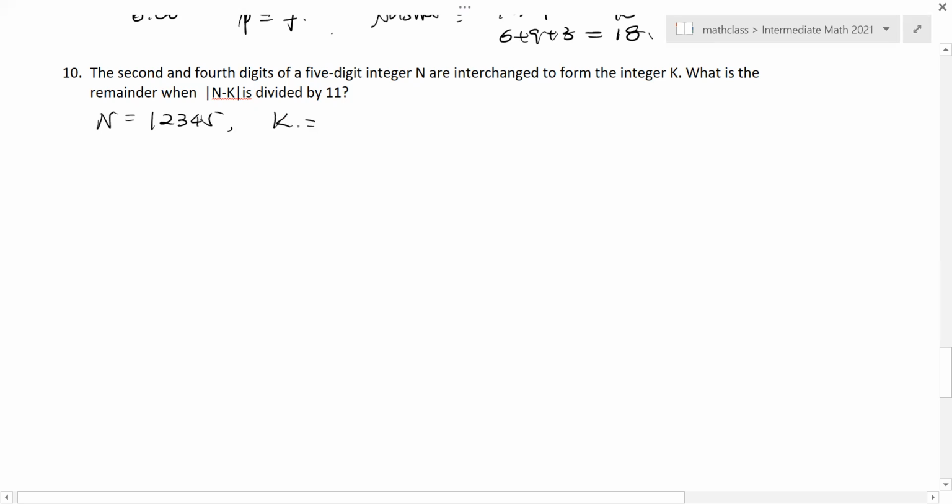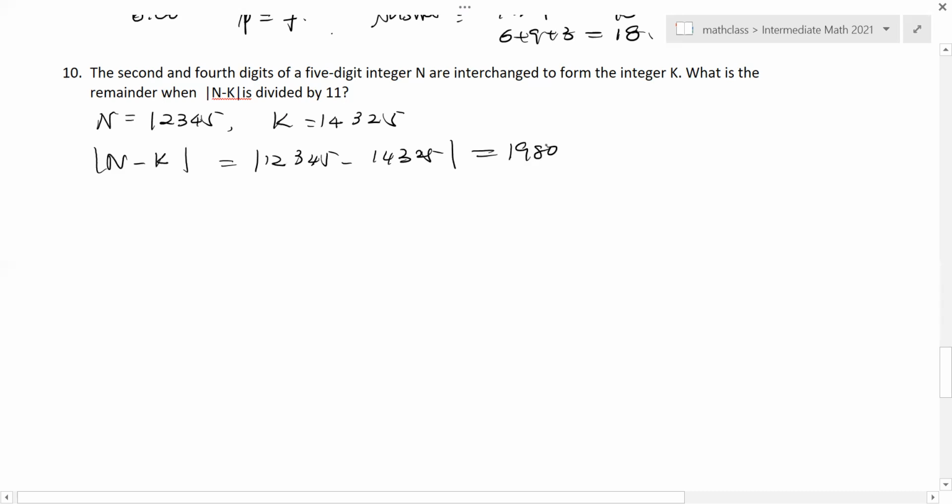Then for k, you interchange the second and the fourth, and then you take the difference. n minus k could be negative, so I put an absolute value here: 12345 minus 14325. Just use the calculator directly.